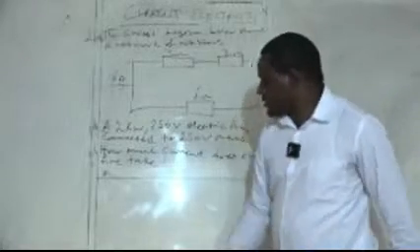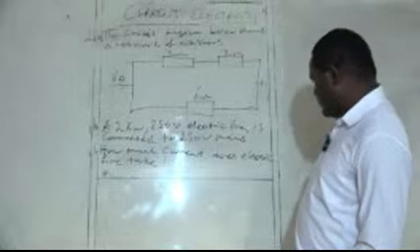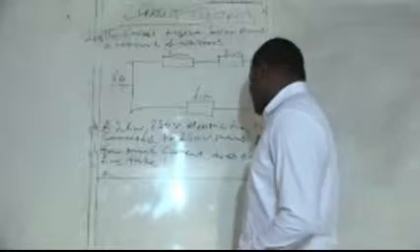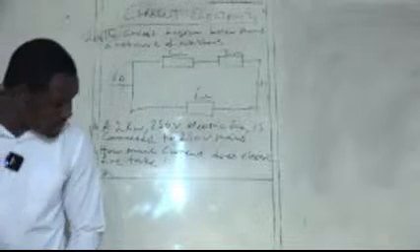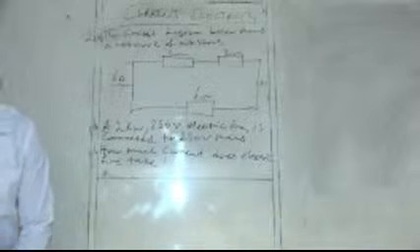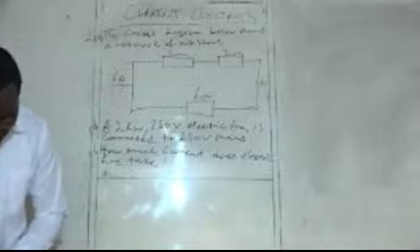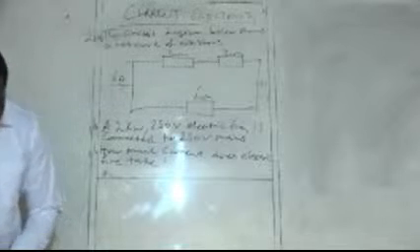So, according to B, a 2 kilowatt, 250 volt electric fire is connected to 250 volt mains. Then how much current does the electric fire take?